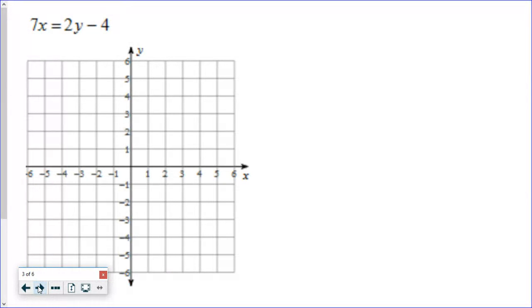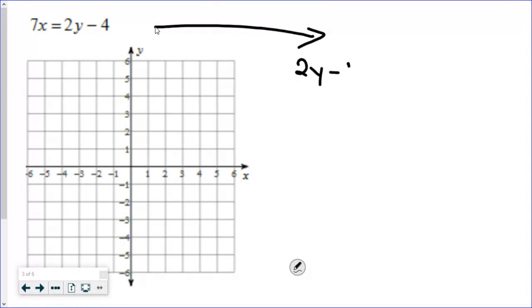Okay, this one, ironically, again, I'm going to flip-flop the sides just because it's nicer if I have y on the left. Okay, then I'm going to add 4 to the end. I cannot combine that with the 7x because they're not like terms.